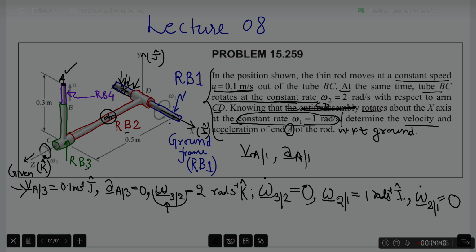To write the expression of a point using an intermediate frame, from where the motion of A appears to be simpler and more straightforward. And this very fact will allow us to finally find VA1 and AA1.